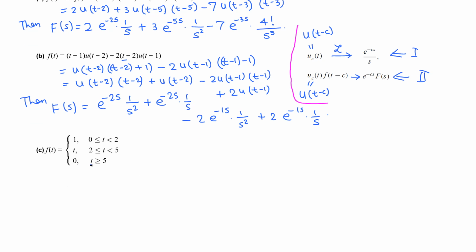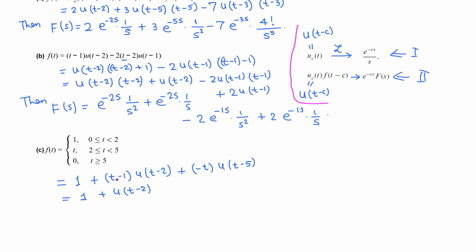We have a piecewise defined function which can be written as 1, the first piece, plus second minus first times the switch at 2, the unit step function at 2, so u(t minus 2), plus third minus second, which is negative t, and switch at 5, because these two functions differ at 5, u(t minus 5). So let me rewrite in nicer form. So 1, and we write down the unit step function first, u(t minus 2).